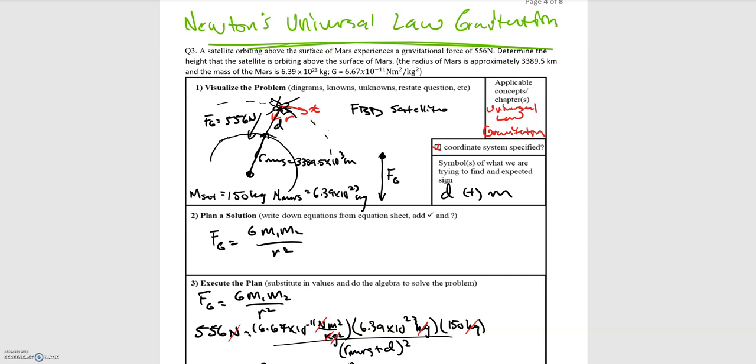That's what you should immediately be thinking when you see this problem. We're going to use Newton's universal law of gravitation, and what we're asked to find is the distance that the satellite is orbiting above the surface of Mars, this distance d.